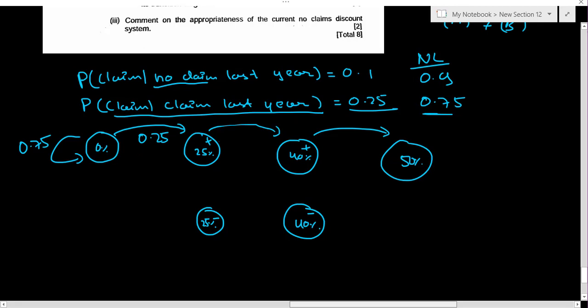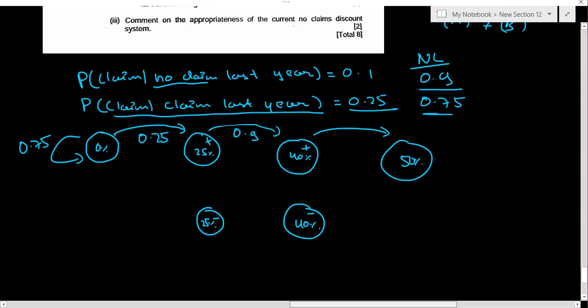Okay, now if you are at the 25% plus state, that means you had not made a claim last year. So the probability of moving ahead would be not making a claim, that would be 40% plus. So this can be indicated as I've made an arrow already, so this would be indicated as 0.9.